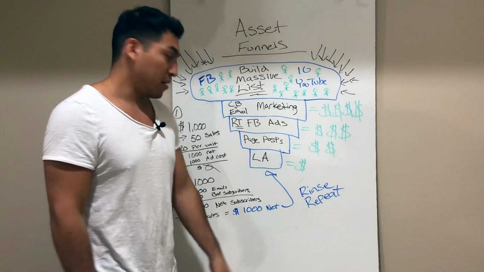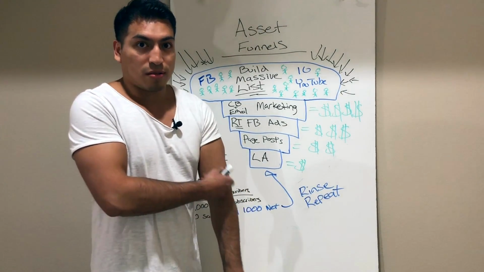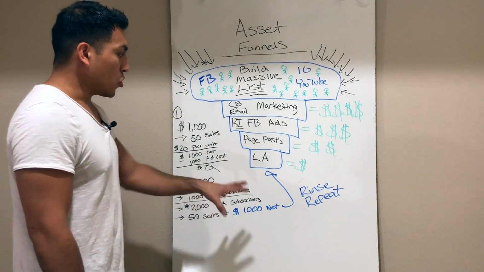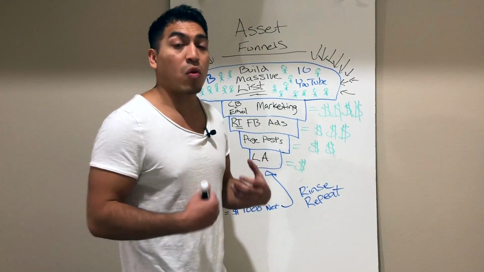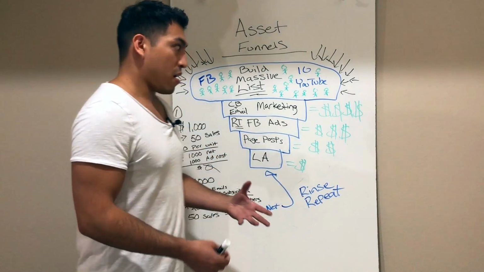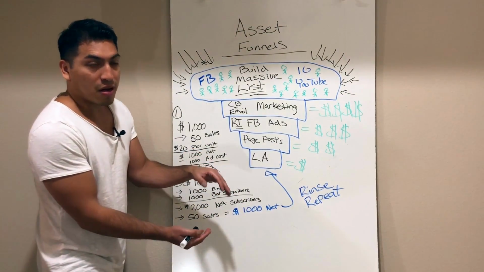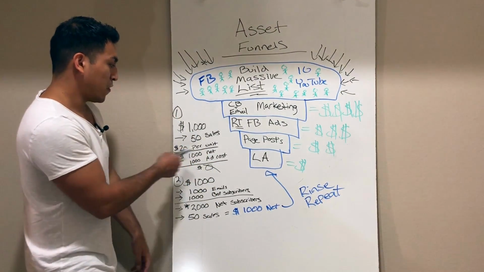Maybe each subscriber is worth at least $1 to the investor. You have juice backed with your offer. So if you ever wanted to sell your business, you're able to do that because you have a huge list, as opposed to spending all of this money just to get a few sales.